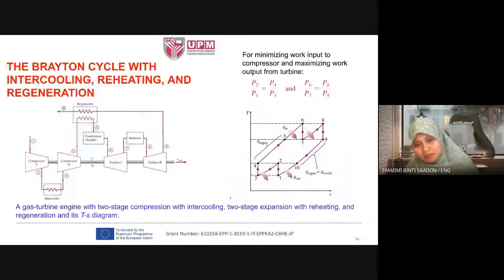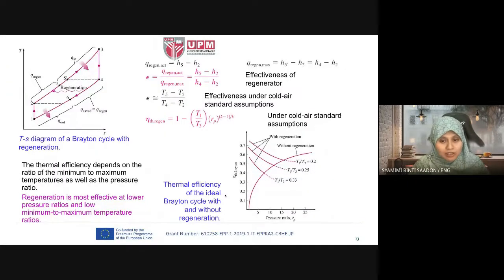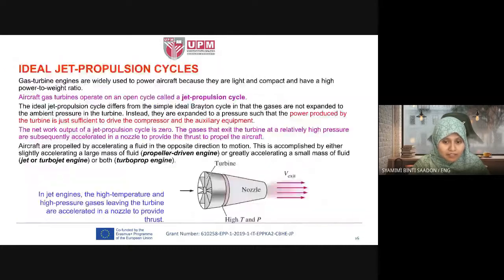Another principle used to propel the aircraft engine is Newton's third law. Newton's third law says that whenever we have a force in one direction, there's always another force in the opposite direction.